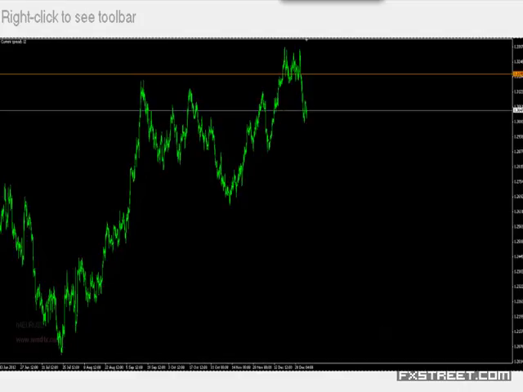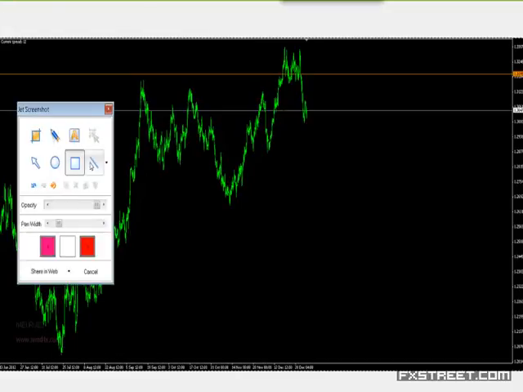But also we have a kind of technical trigger here, right? It's equally possible that the move above the 32, I think that comes in around the 3180 area, that move above 3180, we could consider to be a false break through a previous resistance.